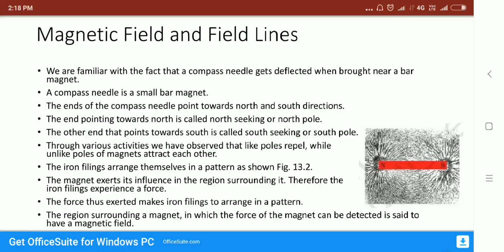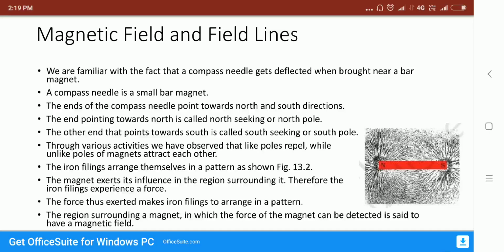The needle itself works as a magnet. The needle end which points toward the north of the bar magnet is the north seeking pole, and the end facing the south pole of the bar magnet is known as the south seeking pole.